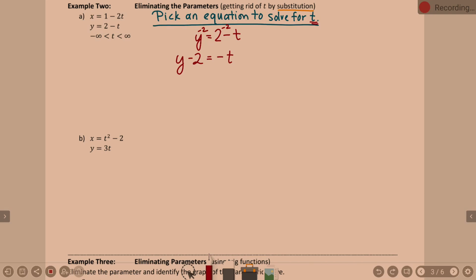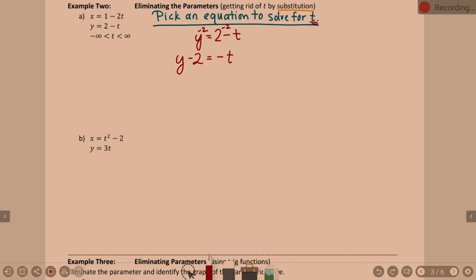And okay, divide by a negative, or the other option is to multiply by a negative. It's a personal preference there. I personally am going to multiply by negative 1, but essentially what's happening? All of my signs are changing, right?